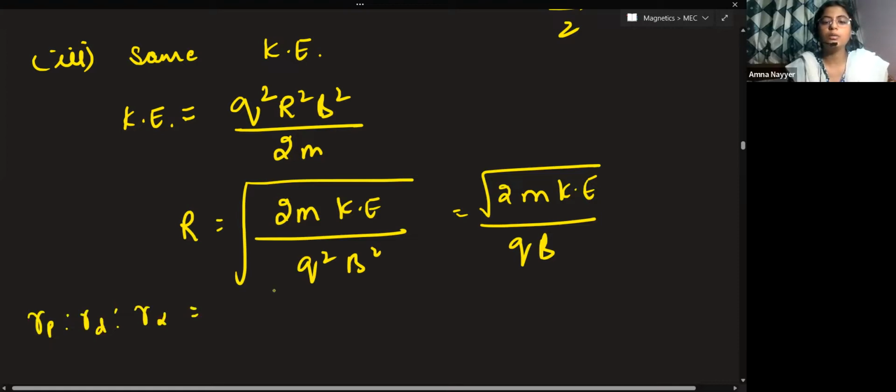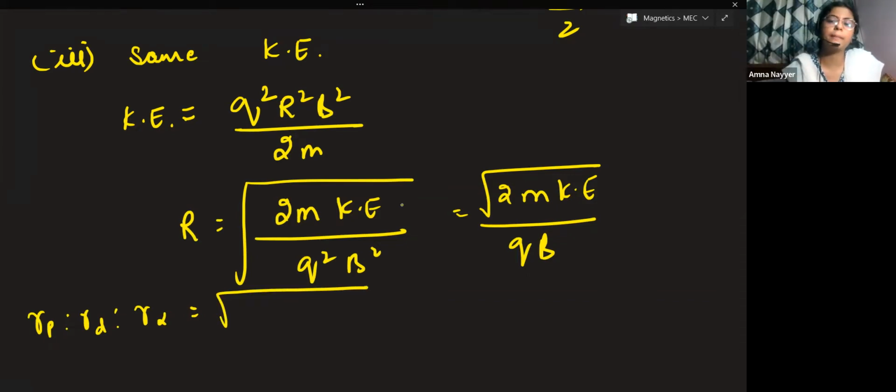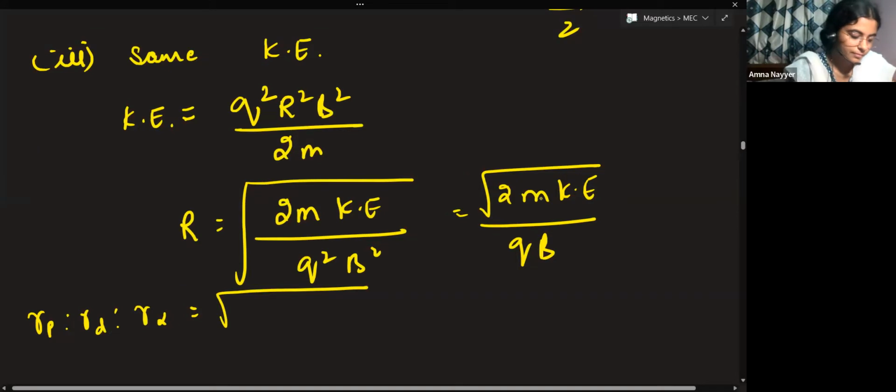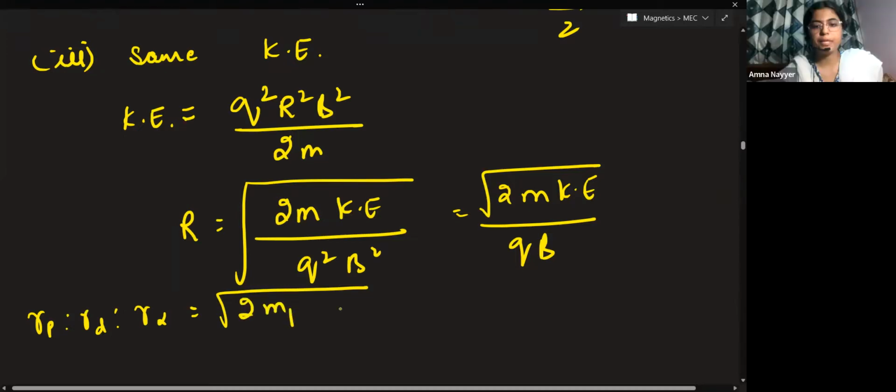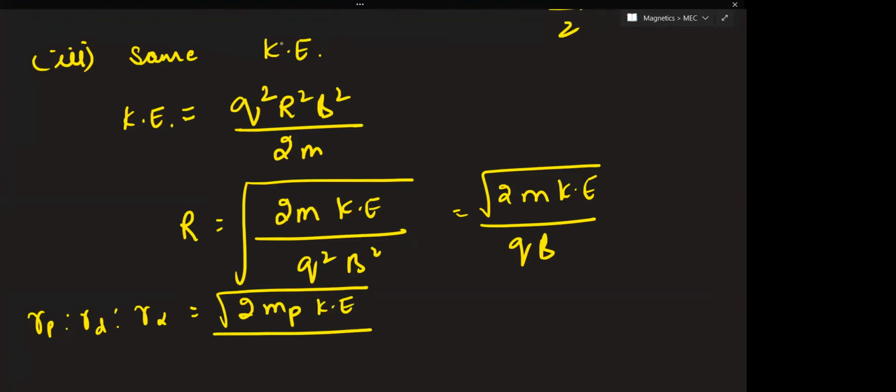Now under root for the proton. Fatima, can you answer for the proton? What should I write using this formula? 2 mP, let's say kinetic energy is KE, divided by e square.